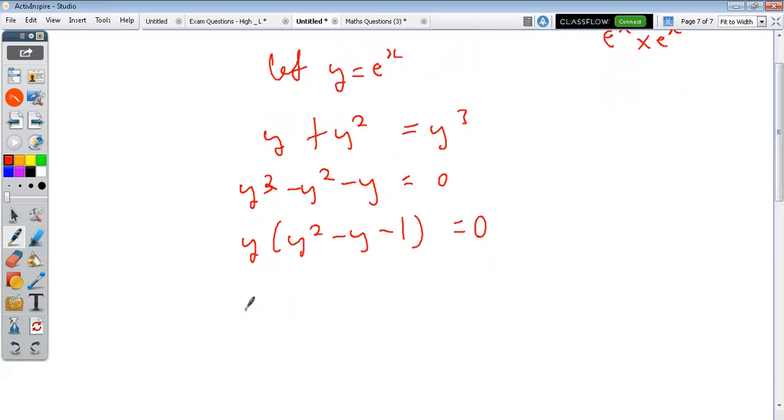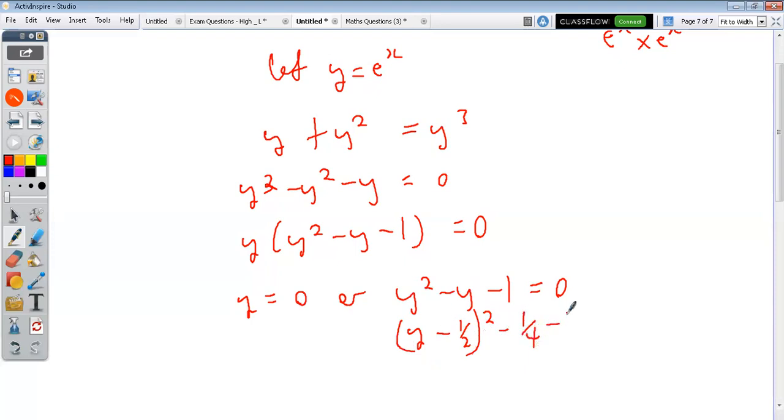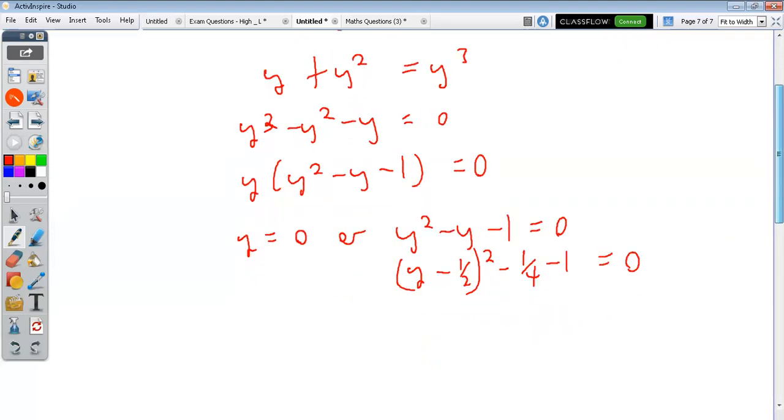Then in that case, we have y is equal to 0, or y squared minus y minus 1 is equal to 0. So here we can complete the square. So y minus half squared minus a quarter minus 1 is equal to 0.